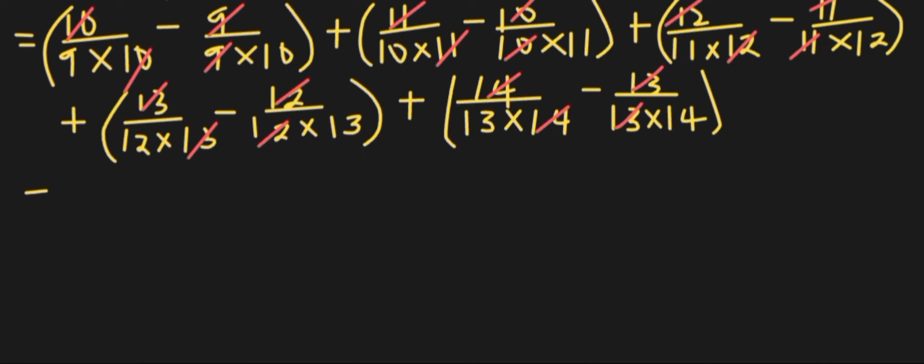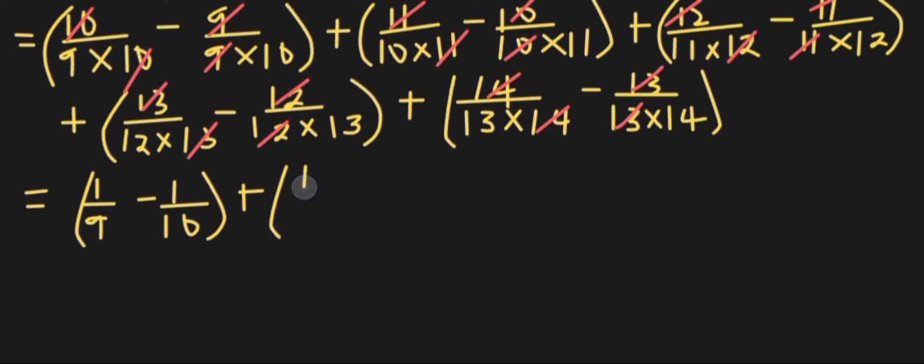So that we'll be left with 1 over 9 minus 1 over 10 from the first parenthesis. The second, 1 over 10 minus 1 over 11.